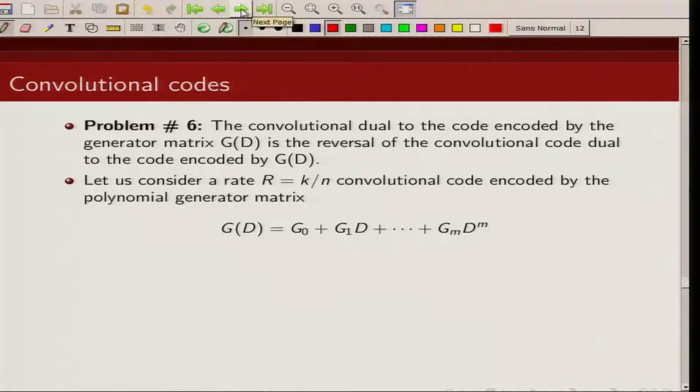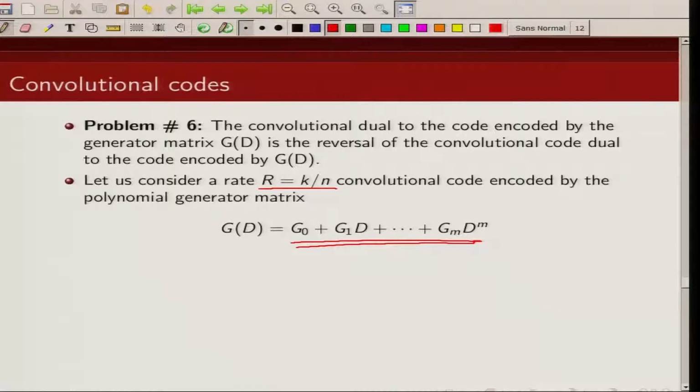So, let us consider a rate k by n convolutional code which is encoded by a polynomial generator. We have already shown that we can find an equivalent polynomial delay free representation of any convolutional code, right. So, this is our G(D) for our original code C.